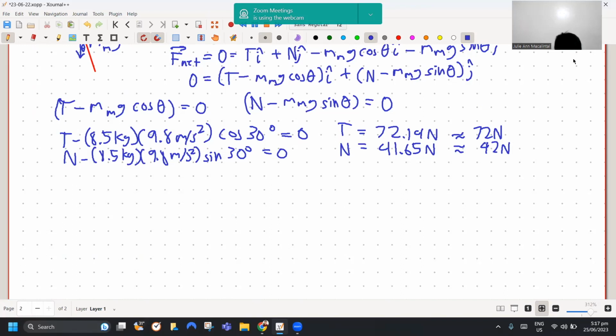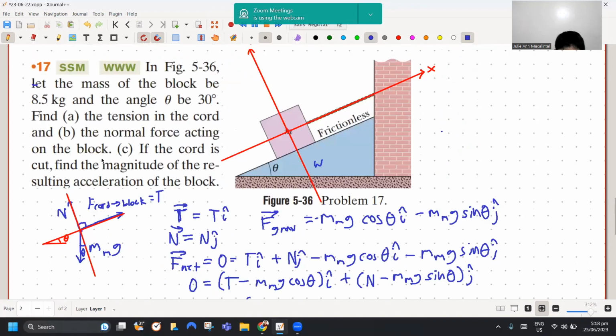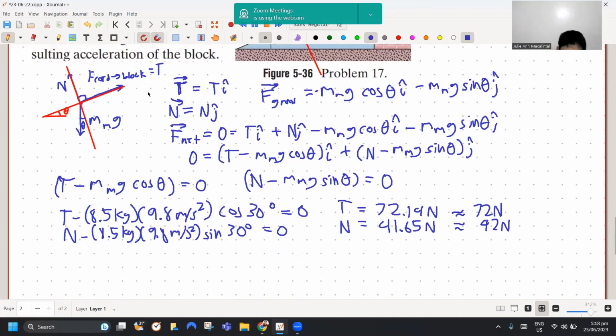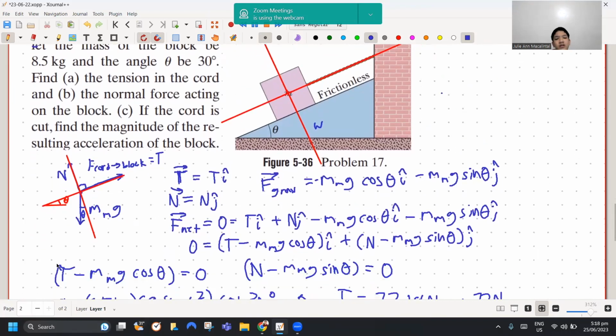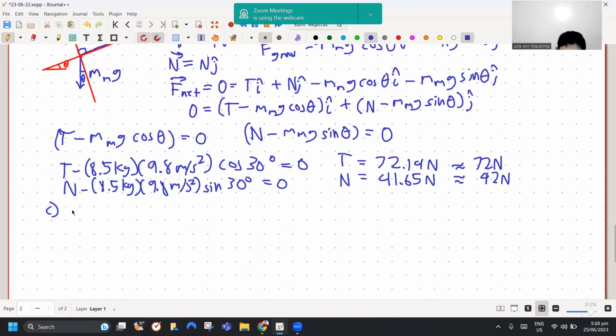So draw the free body diagram and then set up yung Newton's second law. So all forces acting on it.